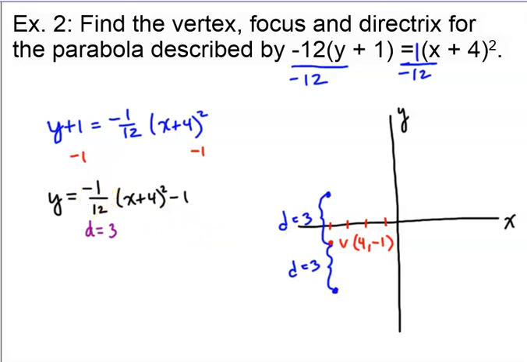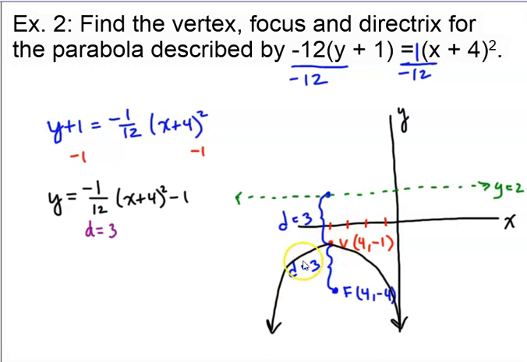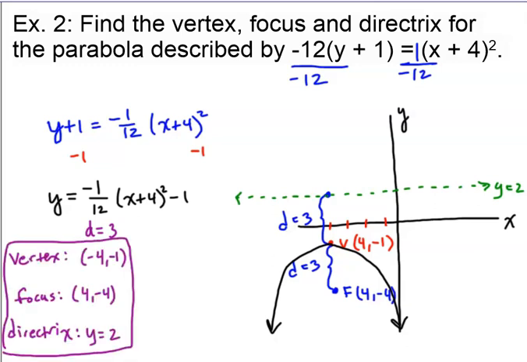So I know I'm going to have a situation like this where it's going down. That means it's wrapping around the focus. Focus keeps the same x coordinate, but the y is down by 3. And if I go up 3 from negative 1, I'm at y equals 2. That's our horizontal directrix line. And now we have all the information we need. So let's just write down the answers. Our vertex, our focus, and our directrix.